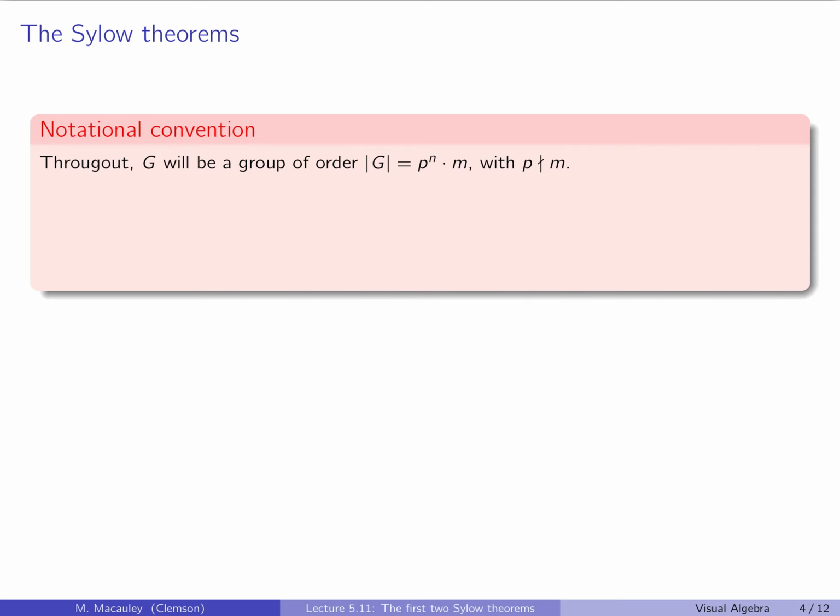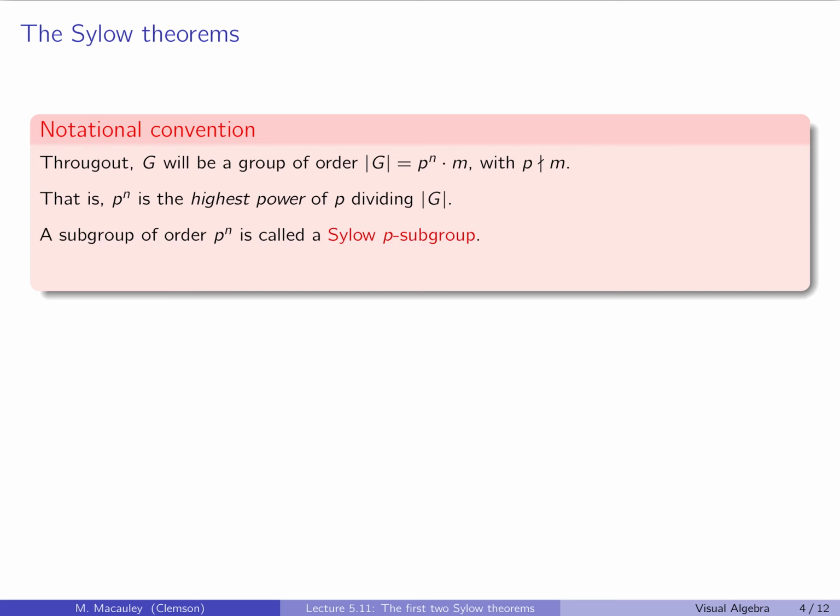We're going to use the same notational convention that we did in the previous lecture, but I want to add a definition. So G will be a finite group of order p to the n times m, where p is a prime that does not divide m. In other words, p to the n is the highest power of p dividing the order of the group.